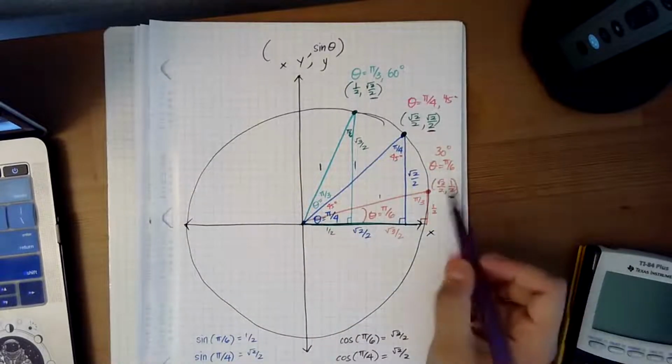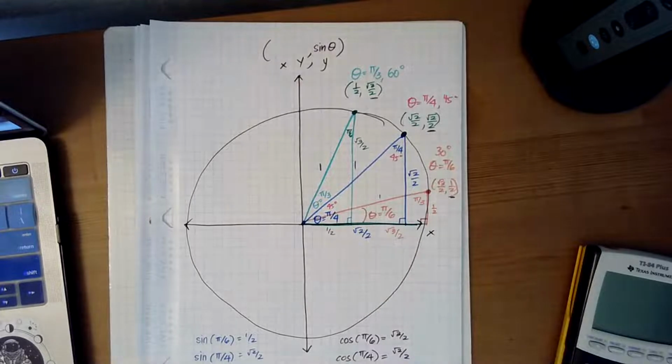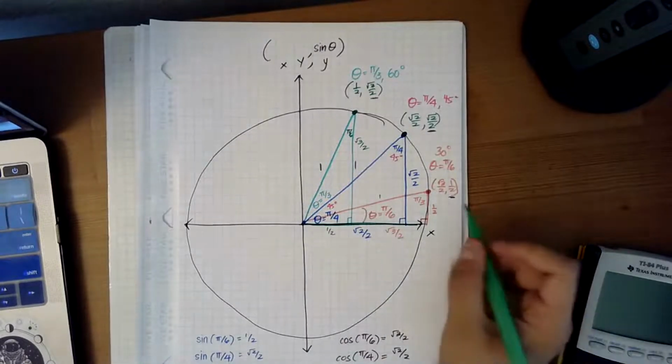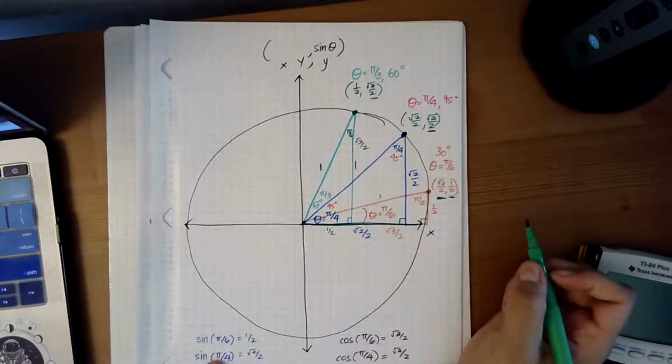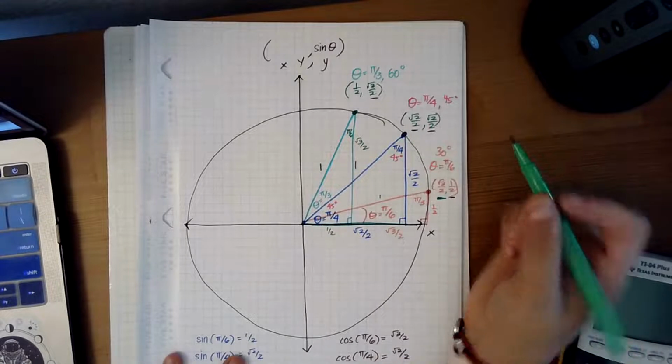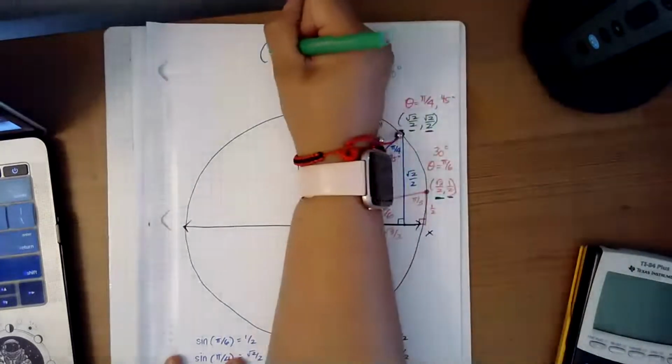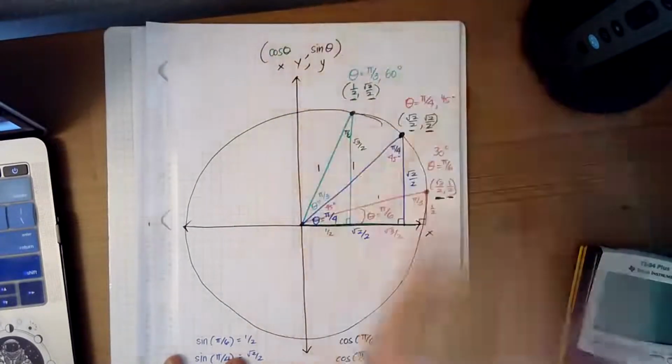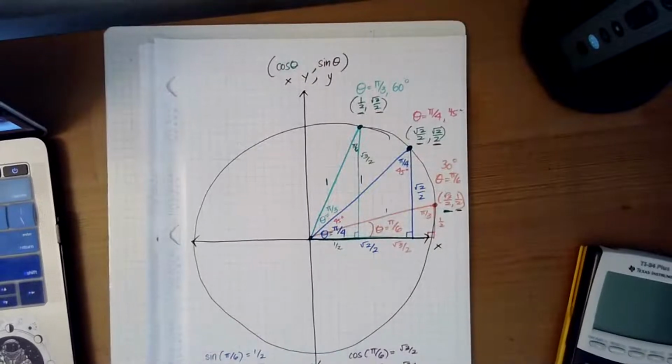So let's see what that gives me. Cosine of pi over 6 is radical 3 over 2. Cosine of pi over 4 is radical 2 over 2. Cosine of pi over 3 is 1/2. So that gives me cosine theta is my x and sine theta is my y. Okay? It's really important to understand.